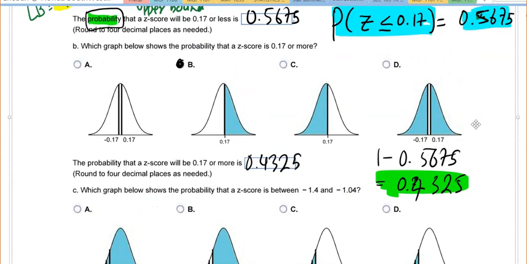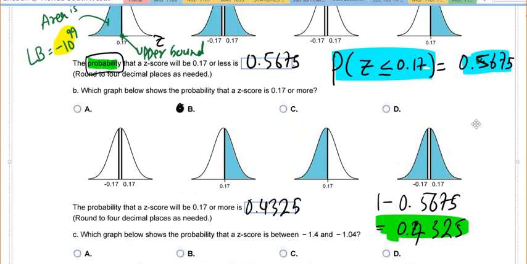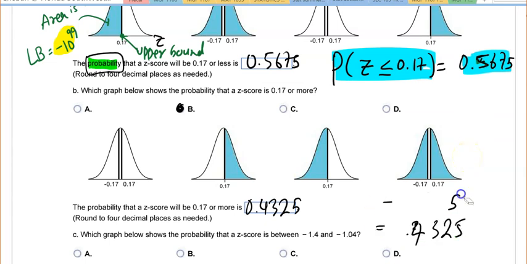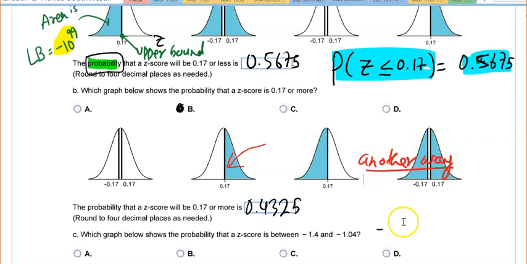Another way to do it is using a calculator, if you want to do that. How do you do it? Just use the upper bound and lower bound. You're looking for this area, right? For this area, what do you think the upper bound and lower bound are? Remember that this area goes to the right.